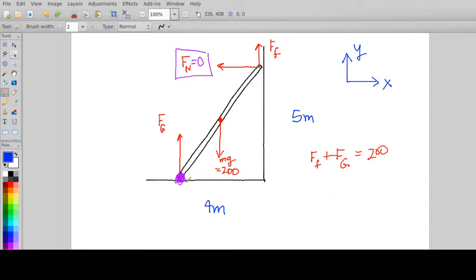Now, the next thing is choosing an axis of rotation. Doesn't matter which one you choose, all right? But if you choose this one down here, where we're at the ground like that, then you have to identify, remember, this one is out of the picture, what forces are going to give you torques? Well, this one's not going to give you a torque, because it's acting right at the axis.